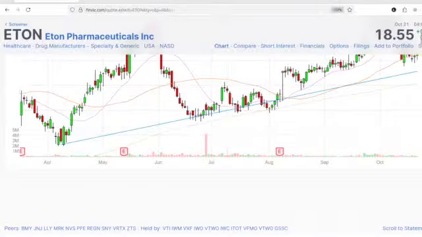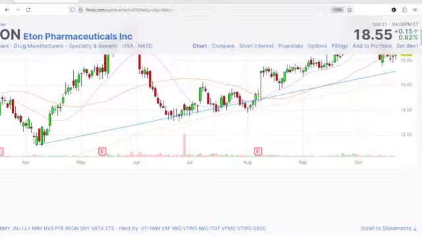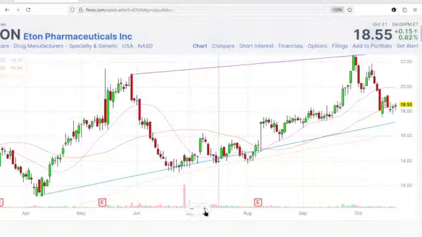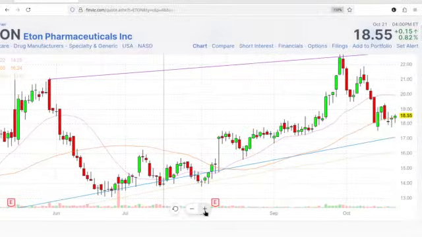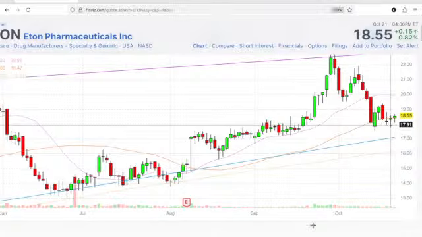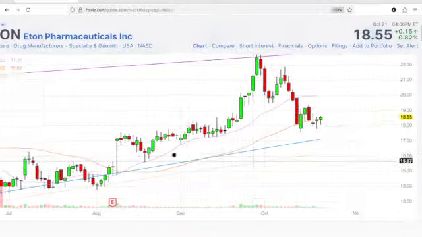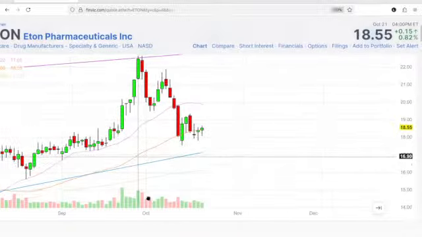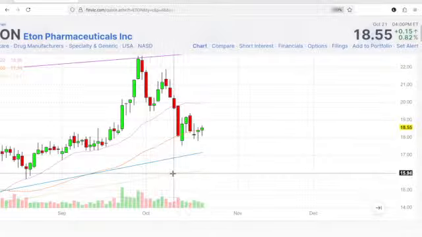This is an actual example. Let's see if we can zoom in, because these patterns are small. There you go. The funny thing about this pattern is, it does kind of look like a rising three soldiers when you think about it. So this is the 200-day moving average.